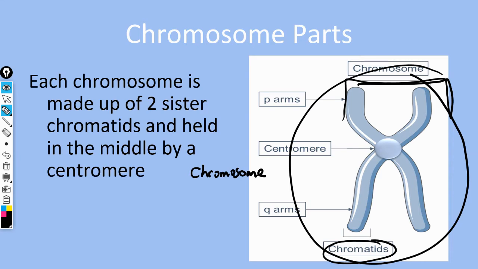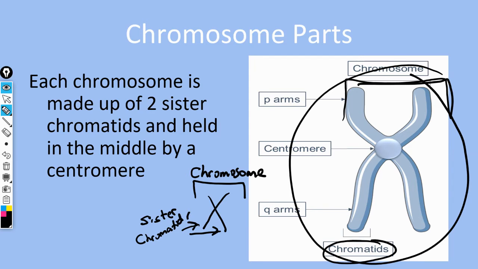This whole structure is the chromosome, and then we label these guys right here as chromatids, and we put another word in front of that sometimes, and we call them sister chromatids.